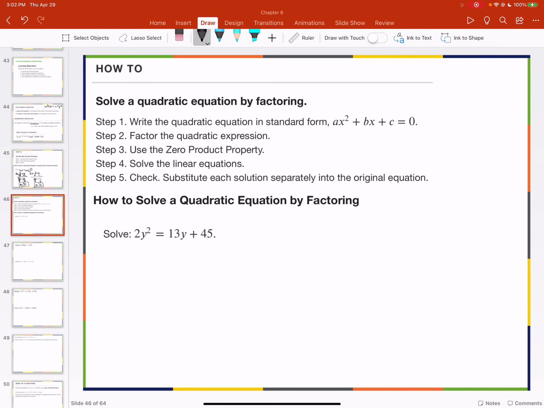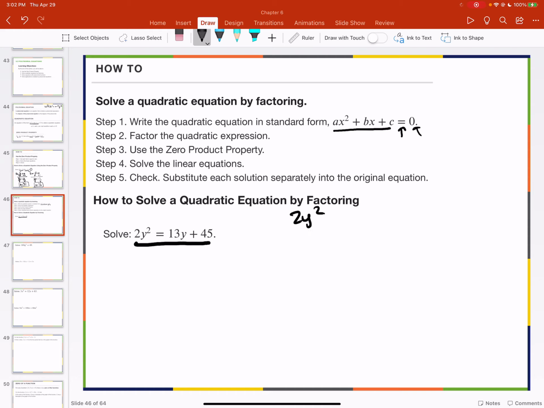Okay, so next, how do we solve a quadratic equation by factoring? First of all, we need to write it in standard form where you have the quadratic expression on one side, then the equal sign, and then 0 on the other side. When we factor this, we can use the zero product property and solve for the variable. So let's go ahead and do that. First of all here, this isn't in the right form, right?